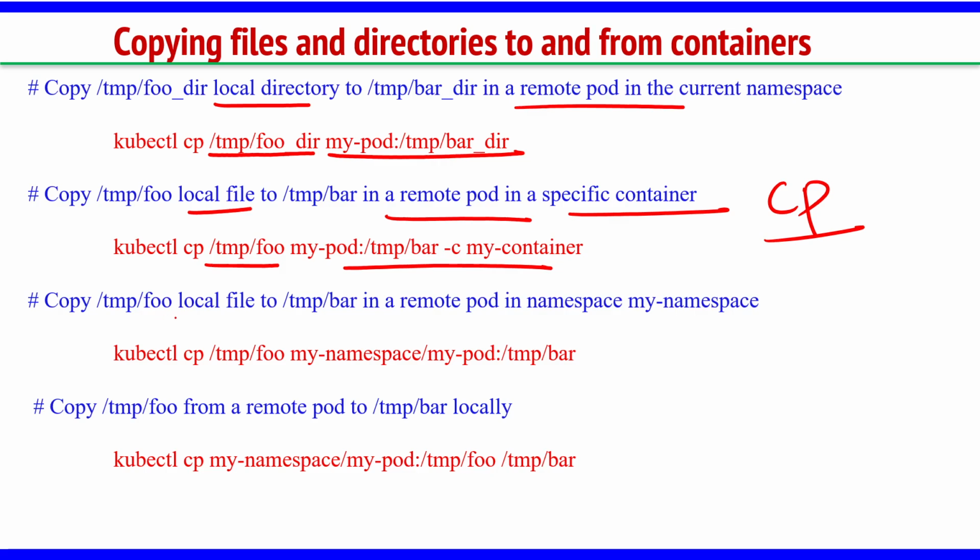Copy a local file to temp bar in the remote pod, I can also say again kubectl cp from and to, right. So we will see this copying when we are working with the projects, when we have multiple containers or multiple code files, then we will be using this copy command frequently.